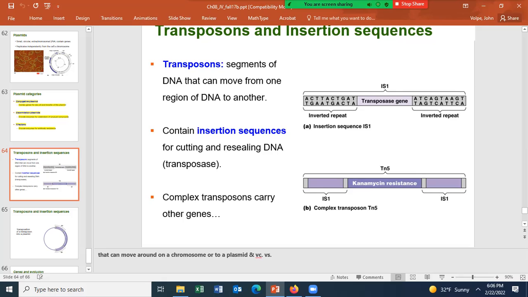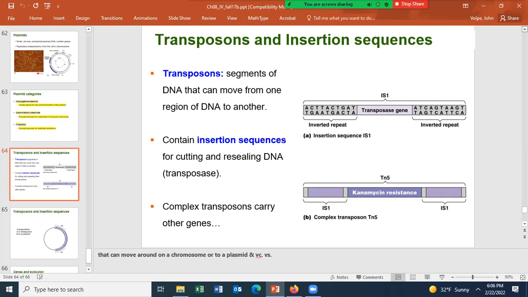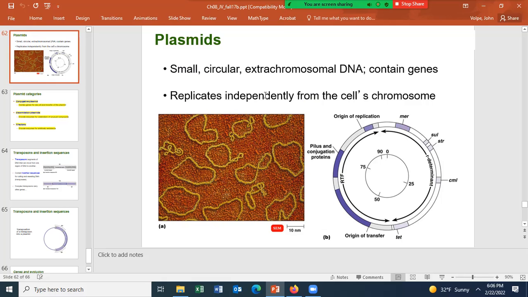Now, transposons can move from the chromosome into a plasmid, and then the plasmid would be more likely to move from one cell to another cell, moving around the DNA, not only in the genome of the cell, but between different cells of a population.